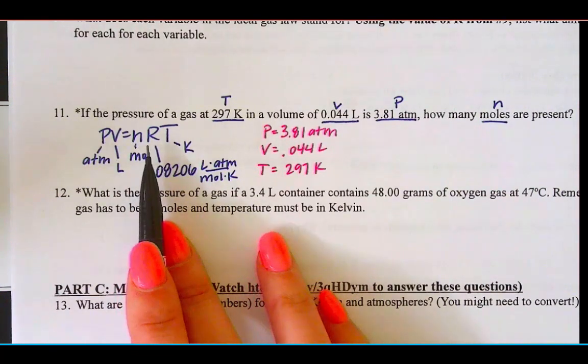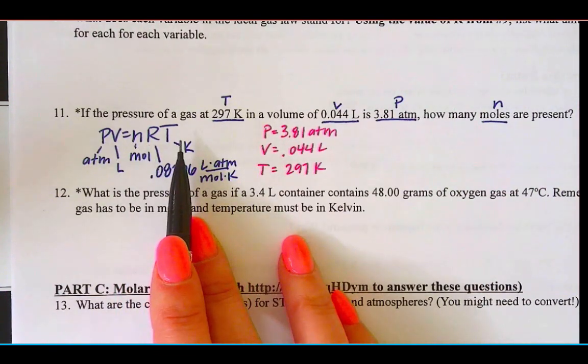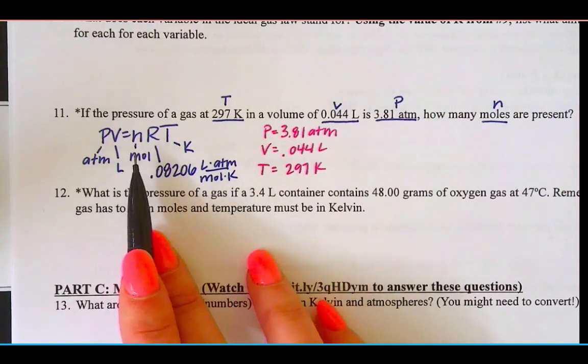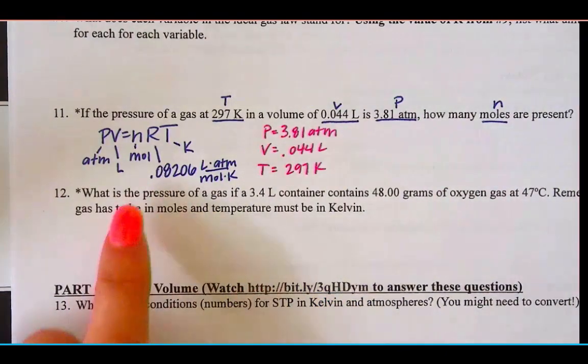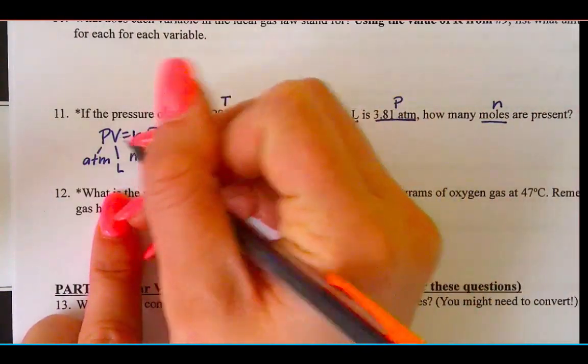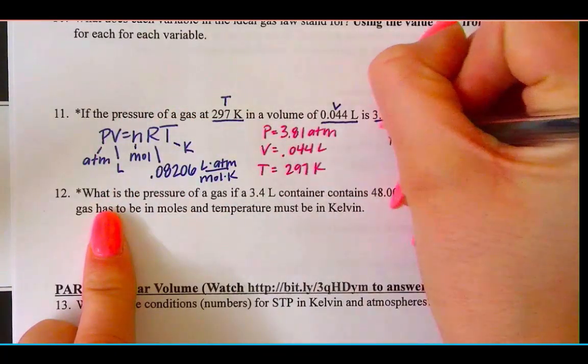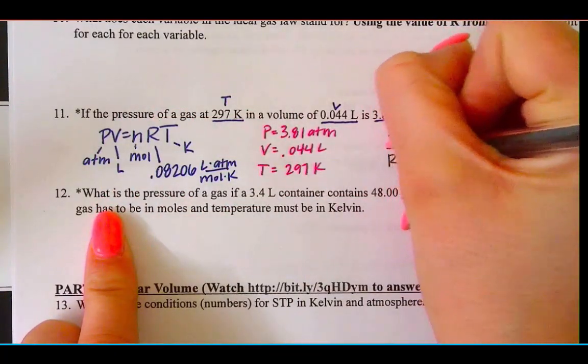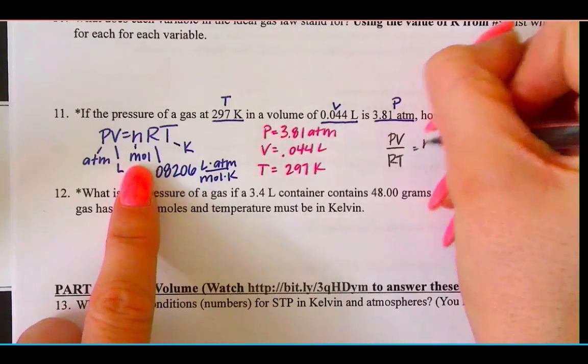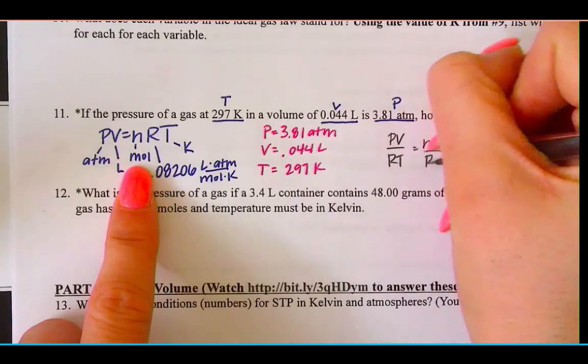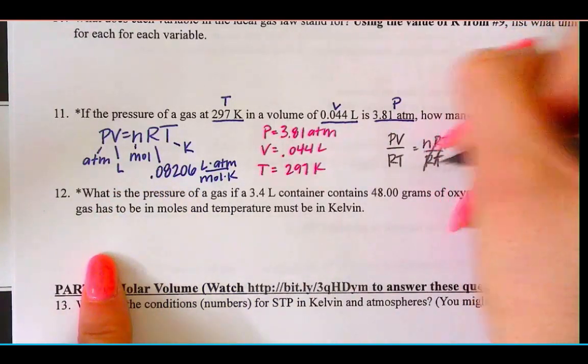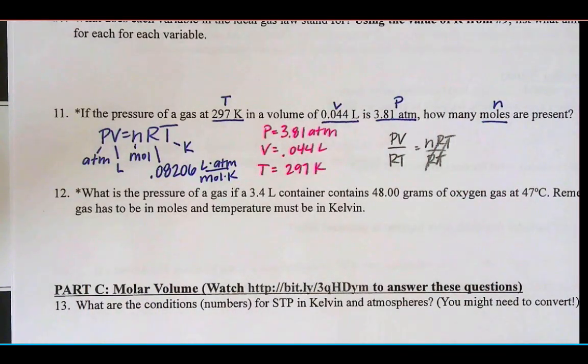So I need to get rid of R and T. If we're multiplying R and T with n, how do we get rid of multiplication? Right? Divide both sides by R and T. So I'm going to divide PV by R times T. When I divide nRT by R and T, it cancels out. So notice how it's n equals PV over RT.